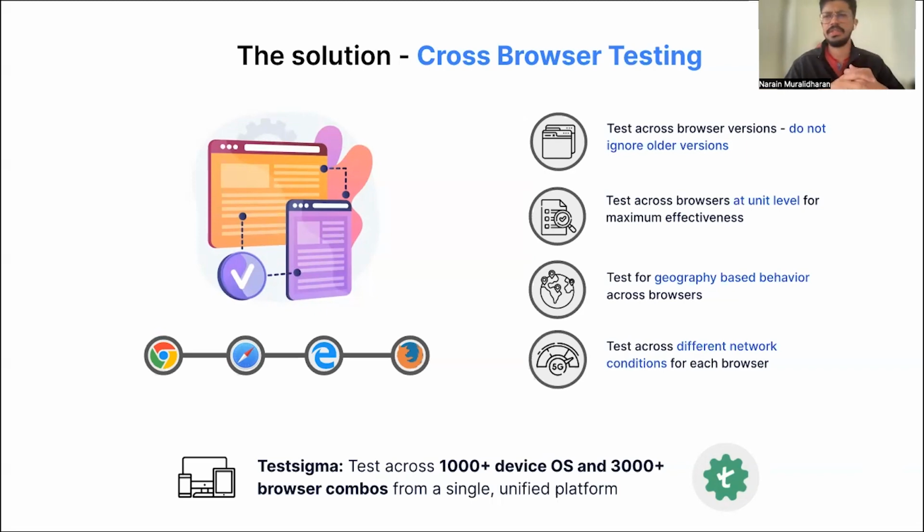There are still tons of users that come from older versions of, be it iPhones or browsers or OSs, and so you have to test for the optimum number of combinations, and you have to test for geography-based behavior, right?